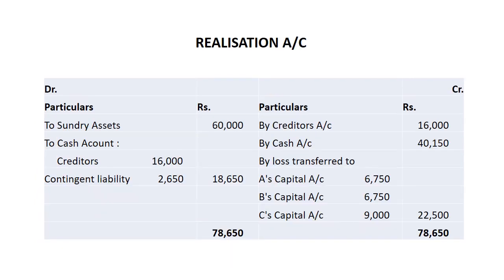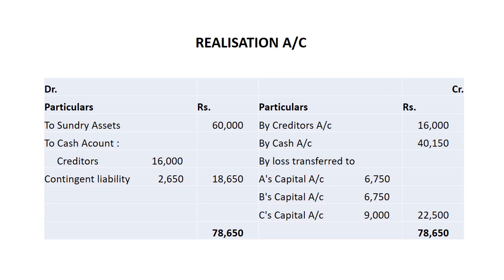It is the realization account. On the debit side, it is written: To sundry assets 60,000. Amount has been transferred from the balance sheet to the realization account. The nature of the realization account is nominal. All expenses and losses are to be recorded on the debit side.